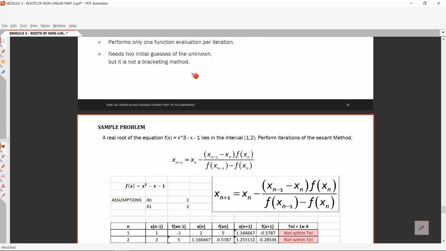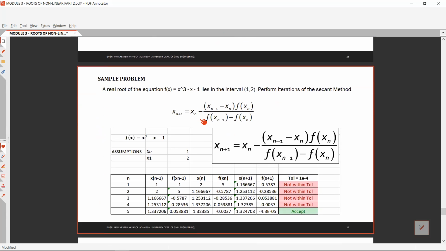Okay. So for example, you have this one, a real root of the equation f of x equals x cubed minus x minus 1. Okay. The root lies in the interval 1, 2. Okay. So we will perform the iteration of the second method. Okay. Given this equation, okay. Sabi sa Newton-Raphson, di ba?